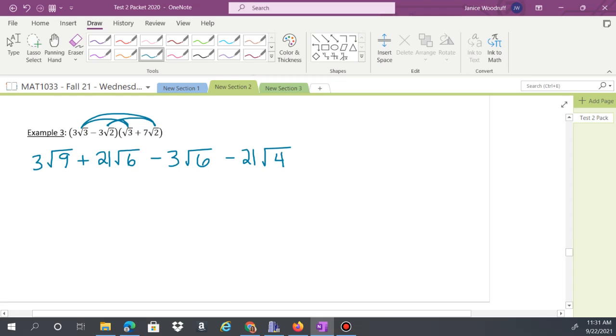Okay, so the square root of 9 is 3, so this becomes 3 times 3, which is 9. And the square root of 4 is 2, so this becomes 21 times 2, which is 42. And then my two middle terms, they have the same ending.